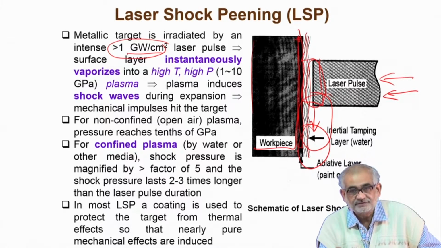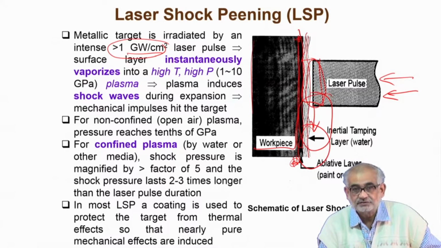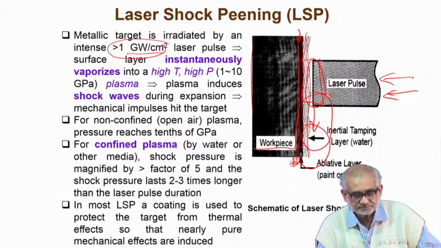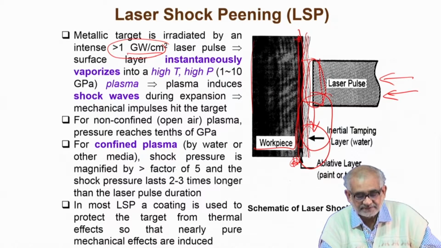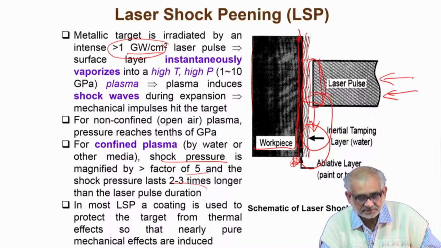So the amount of deformation that propagates is smaller, and when you irradiate this smaller zone with very high load, the effective stress that works on this is much higher than what you can experience in the case of ultrasonic peening or shot peening. As a result, you can create a shock pressure which is higher by a factor of 5, and which can last 2 to 3 times longer than the laser pulse duration.